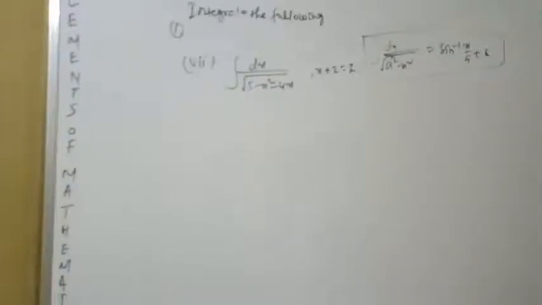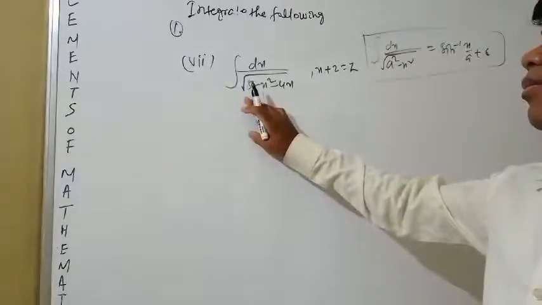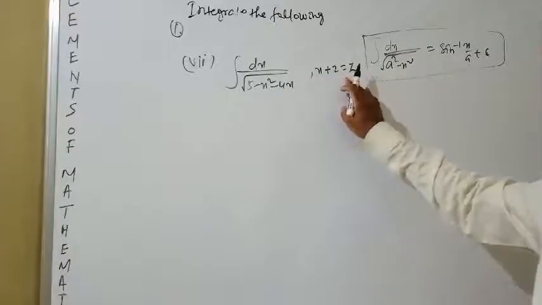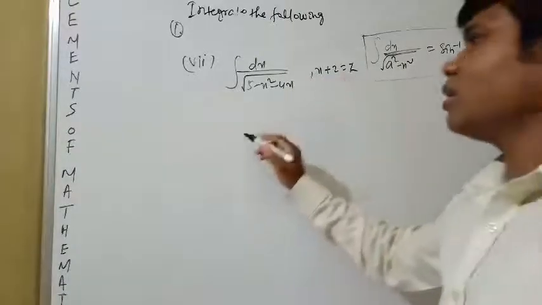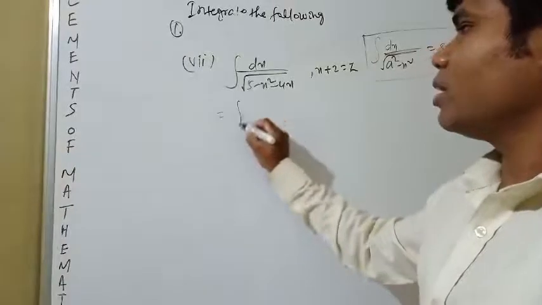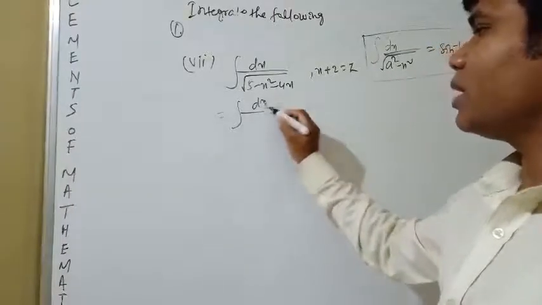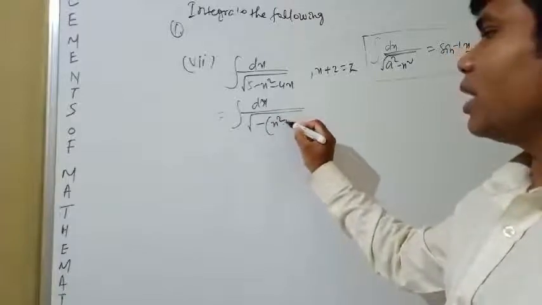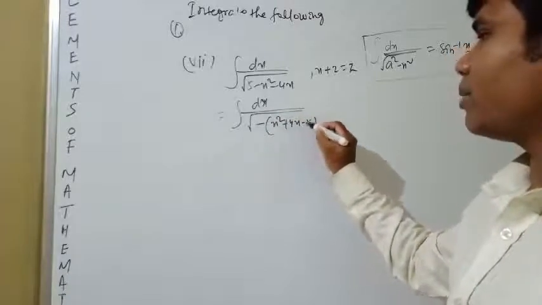You see the next question: given integration of dx by root over 5 minus x square minus 4x, and x plus 2 is equal to z. Here you take common minus, x square plus 4x minus 5.